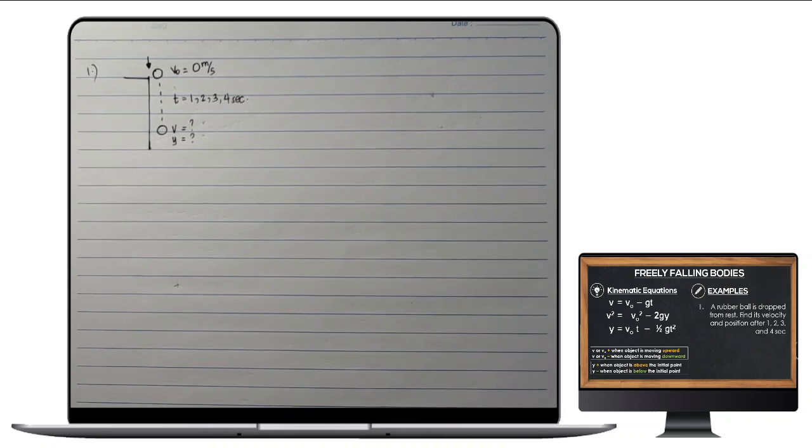To find the best formula, we simply look at the givens and the unknowns that we need to find. There we choose which formula to use based on these three kinematic equations. Since we have the initial velocity, we have the time, and we will always have the gravitational acceleration since that will be constant, we can use the first equation to find the velocity.